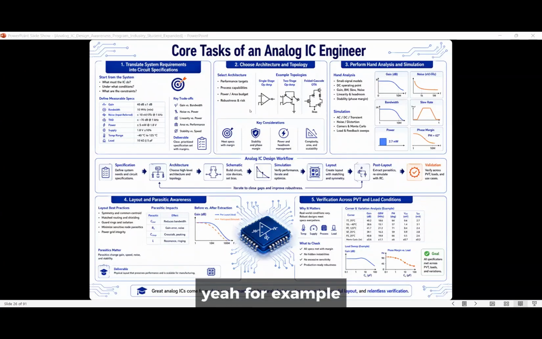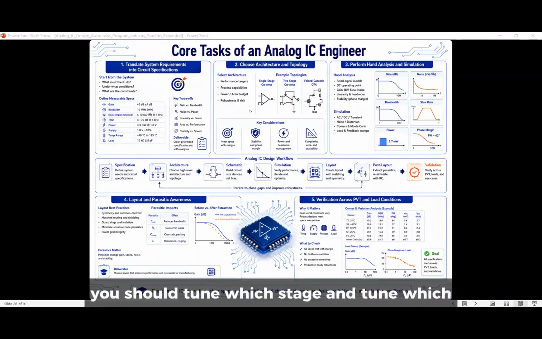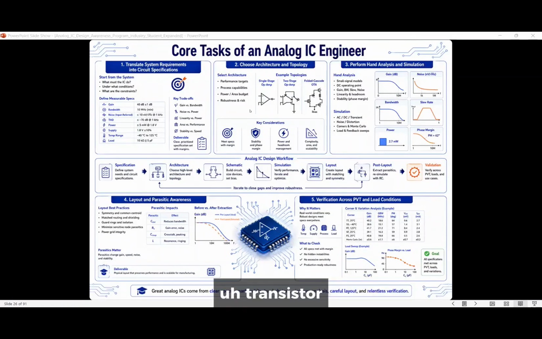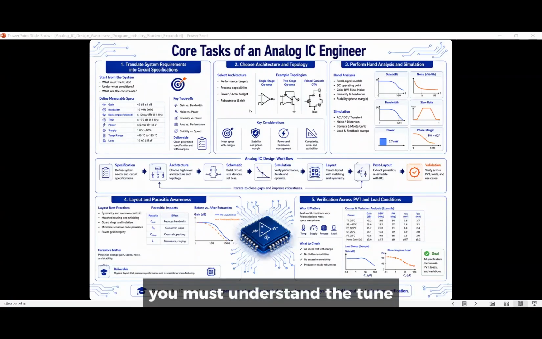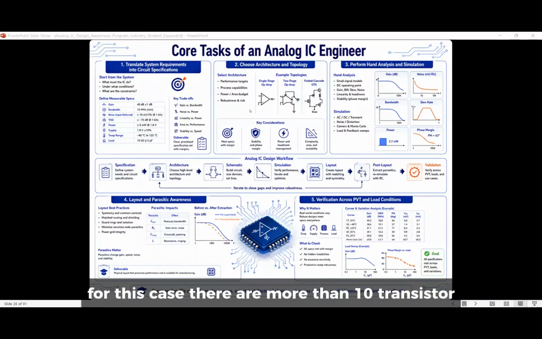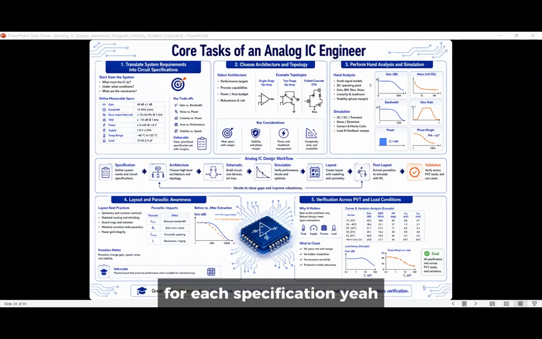For example, if you wish to increase the gain, you should tune which stage and which transistor. For this case there are more than 10 transistors, I think, so you must understand which transistor to tune for each specification.